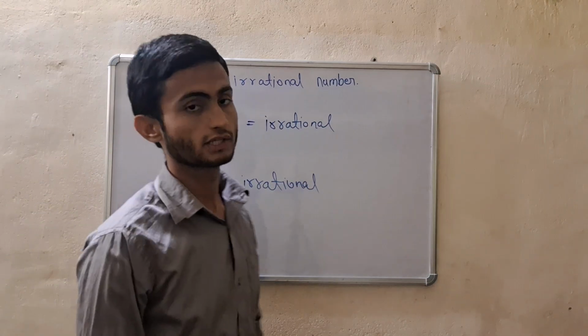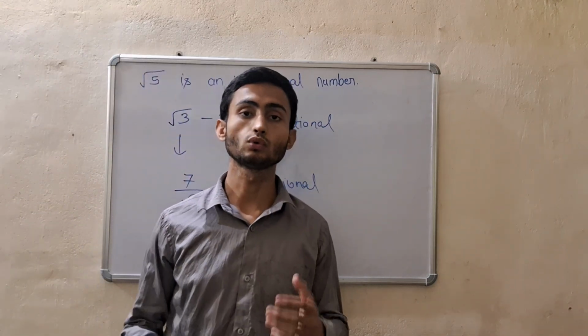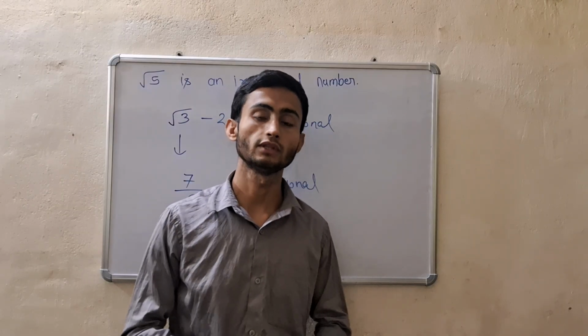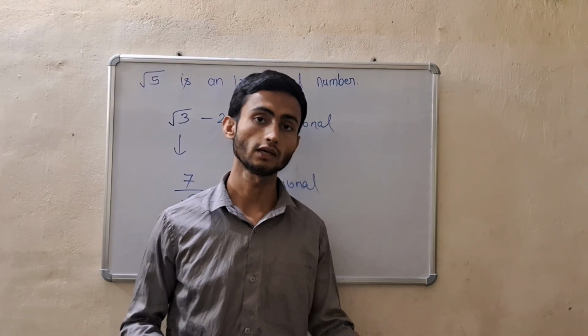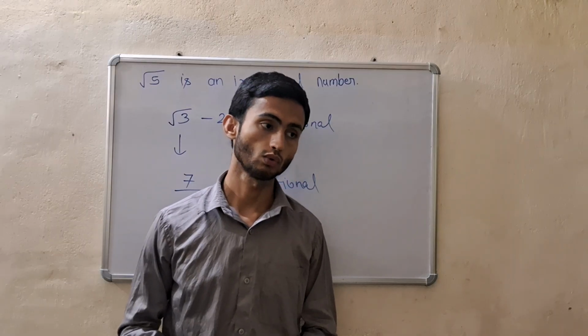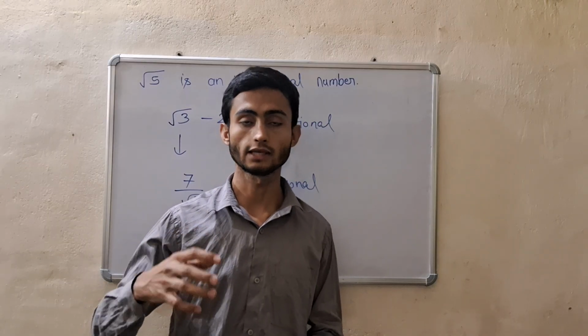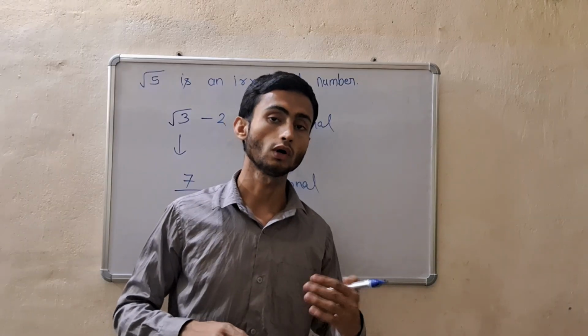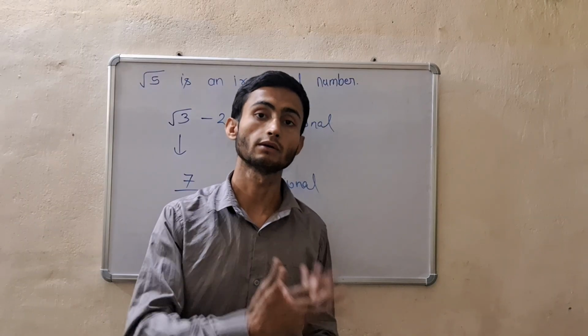So the conclusion is that whenever you combine an irrational number with a rational number, you always get an irrational number.